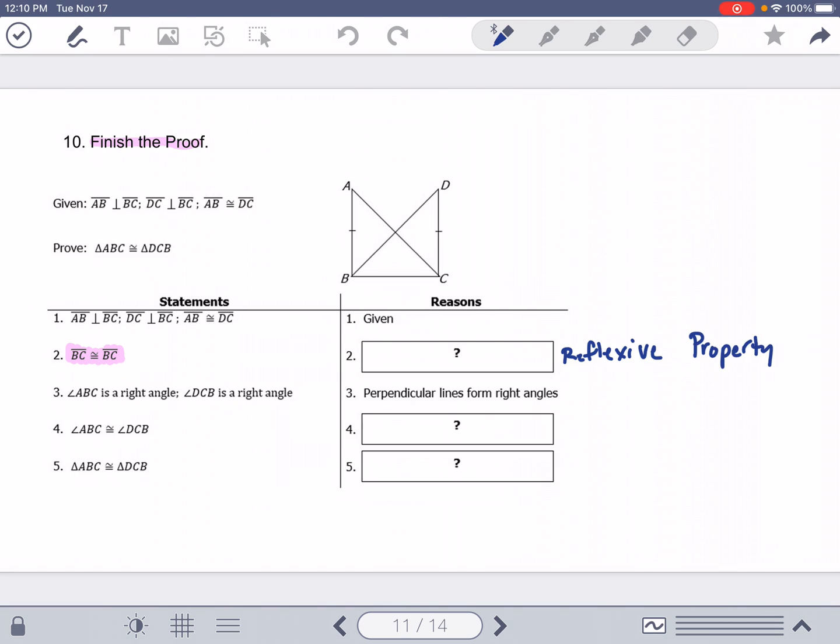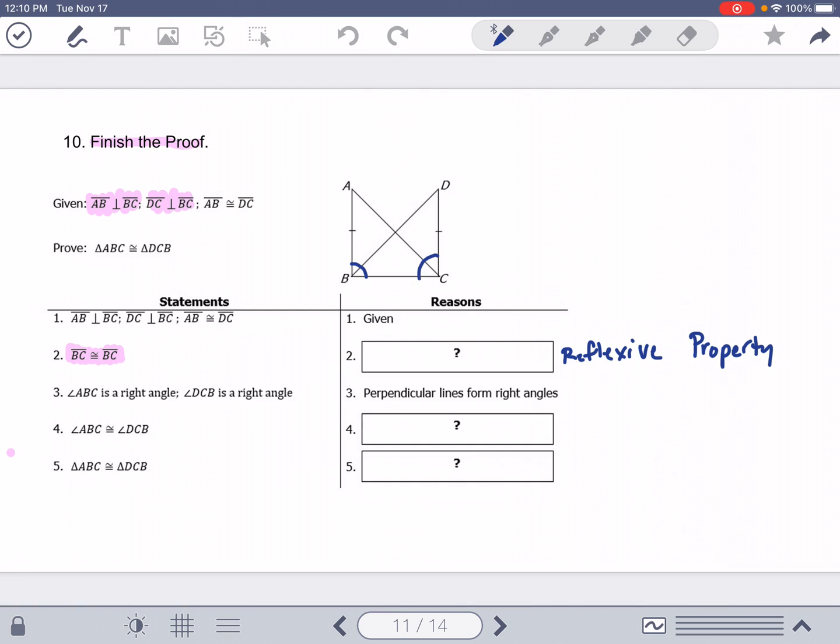All right, angle ABC is a right angle and angle DCB is a right angle. I know that because I was given some information about lines being perpendicular to each other. Up here, this tells me that segments are perpendicular. And so when I have perpendicular, I've got a right angle. Now, I'm looking at angle ABC, which is this whole thing here, and DCB.